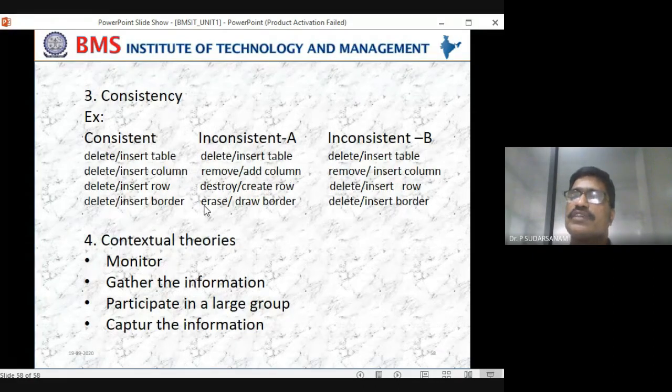With respect to the hospital, if they admit one person, whether the consistency is available or not. Oxygen level, BP, sugar, all these things. If they want to do some operation, they'll check the BP, sugar, all these things, whether it is in the normal position or not. If the normal position is there, then only they will go for that. So the doctor will be monitoring that consistency, whether it is there or not.